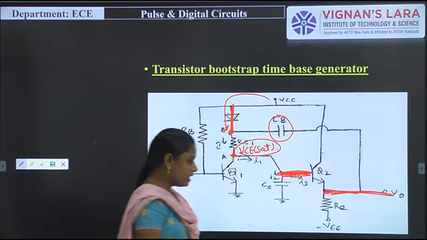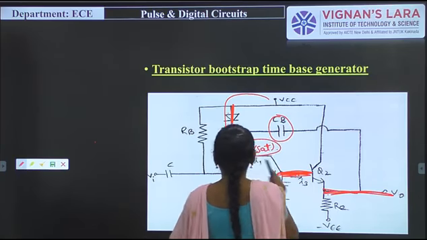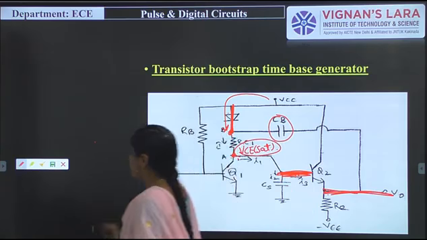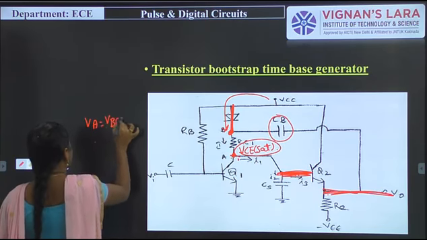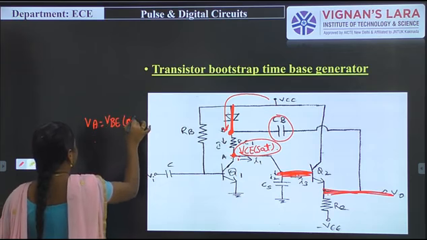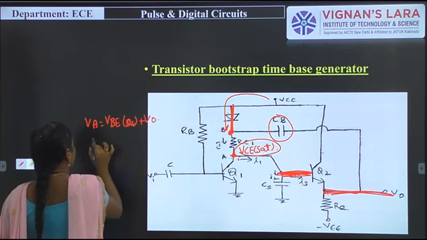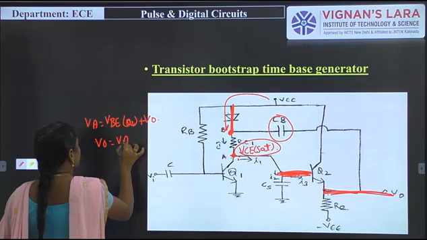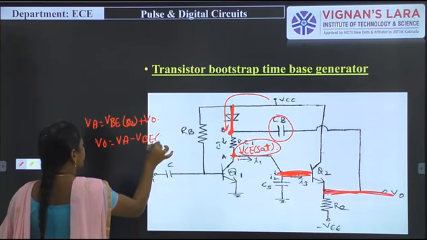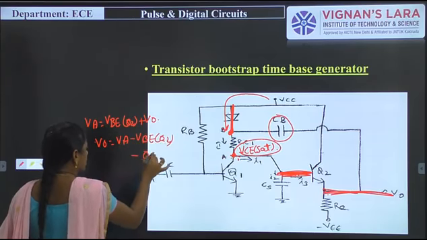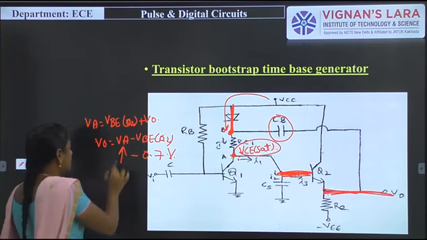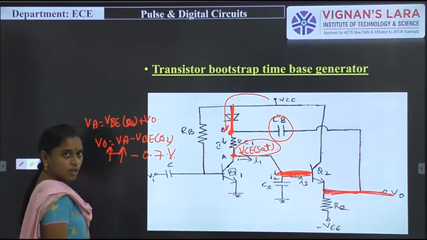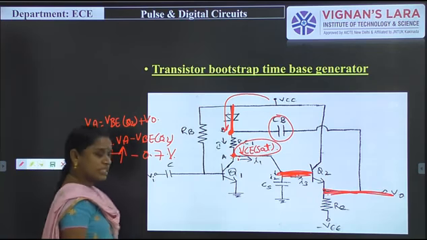Why? Just check the condition: VA is equal to VBE of Q2 plus V0, so V0 is equal to VA minus VBE of Q2. This is constant, that is 0.7 volts. So when this VA voltage increases, obviously V0 will increase, maybe up to VCC also.